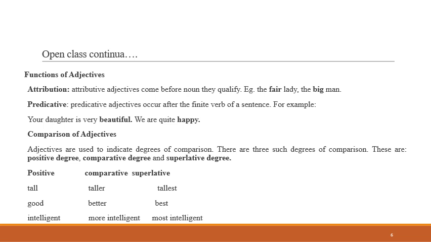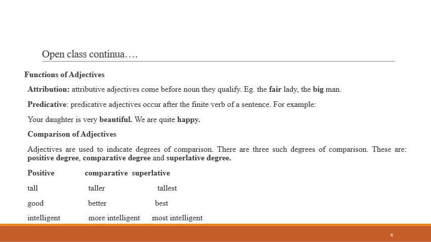Apart from the types of adjectives we have taken in the slide before this, adjectives perform certain functions of attribution and predication. Taking a look at what is on the screen, we can notice there are two main functions of adjectives. The first one is attribution, that's attributive adjectives.